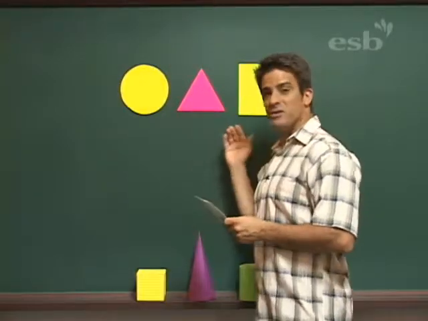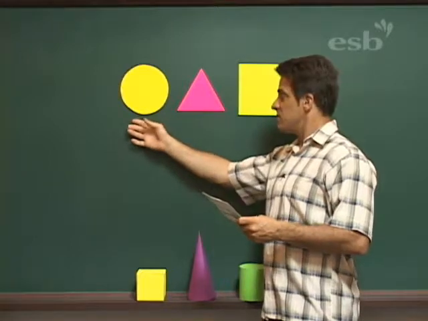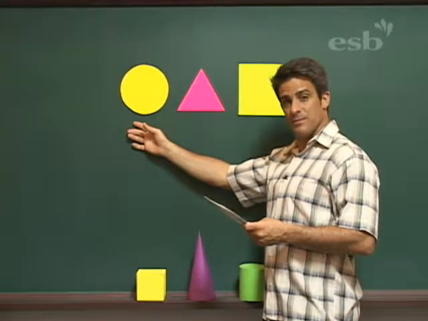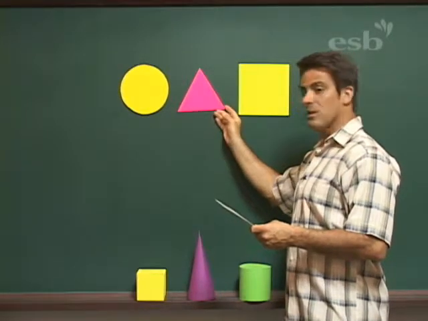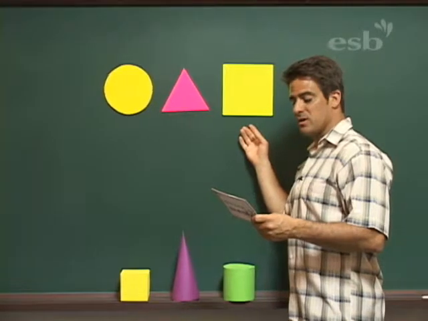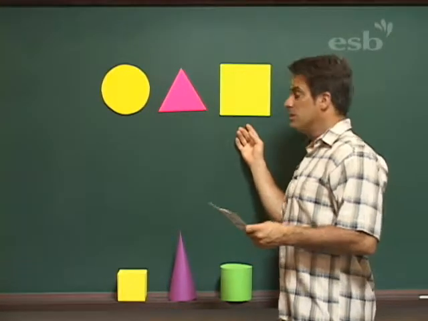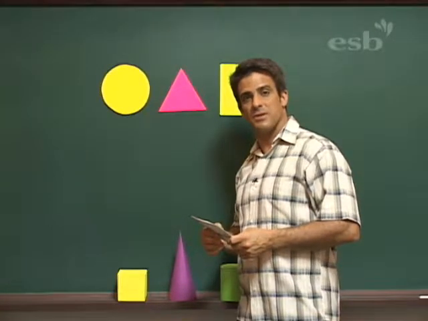Here on the chalkboard we see 3 shapes. This shape is called a circle. This shape is called a triangle. And this shape is called a square. These are 3 very, very common shapes.